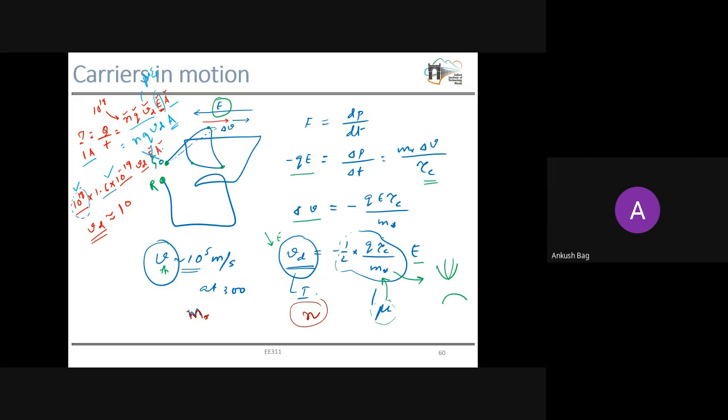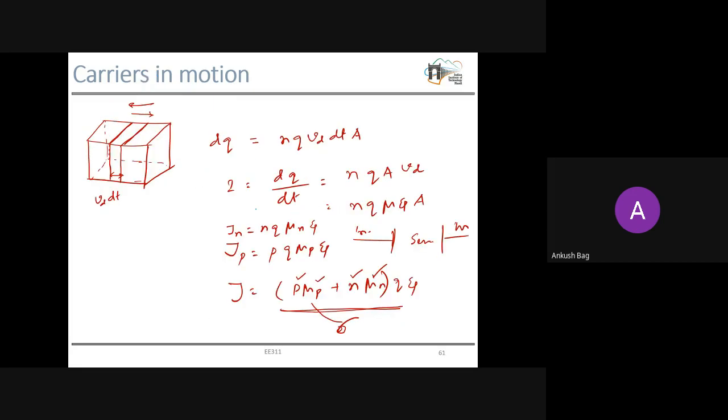For a unit area of 1 centimeter square, our drift velocity will be around 10 centimeter per second, something like this. You can guess this is obviously very small compared to the thermal velocity. This was the mistake I made, and this is the corrected form.